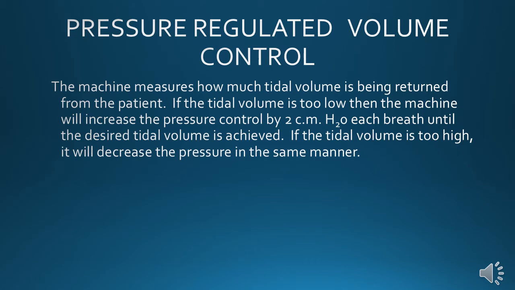Now, why is this so much better than volume control? Because in volume control, we know the pressures are variable as well, correct? The problem is, if you have a sudden, massive change in your compliance in your patient in volume control, the very next breath that's delivered is going to be a very high peak inspiratory pressure.